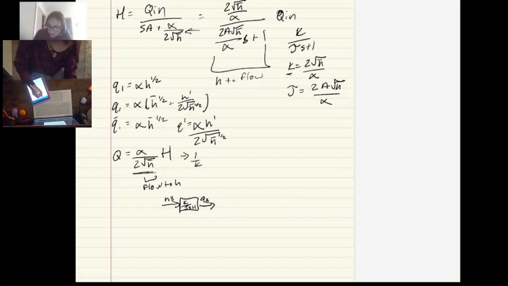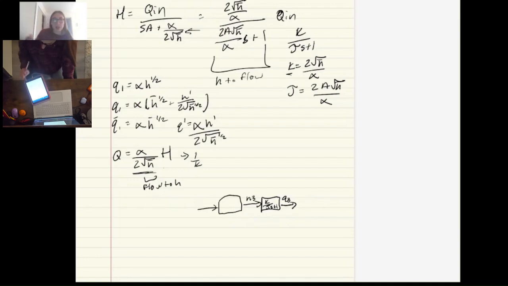Now I'm going to move this over because we're going to do it again. So how do we get H3 based off of this info? Well, from H3 we're going to get our Q2.